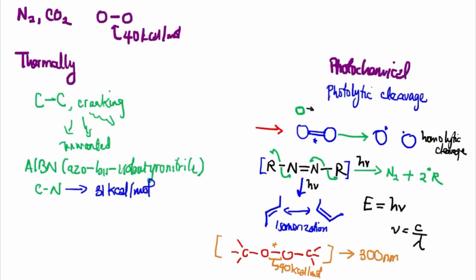This is a low amount of energy required for the cleavage of the C-N bond in an azobisisobutyronitrile compound.